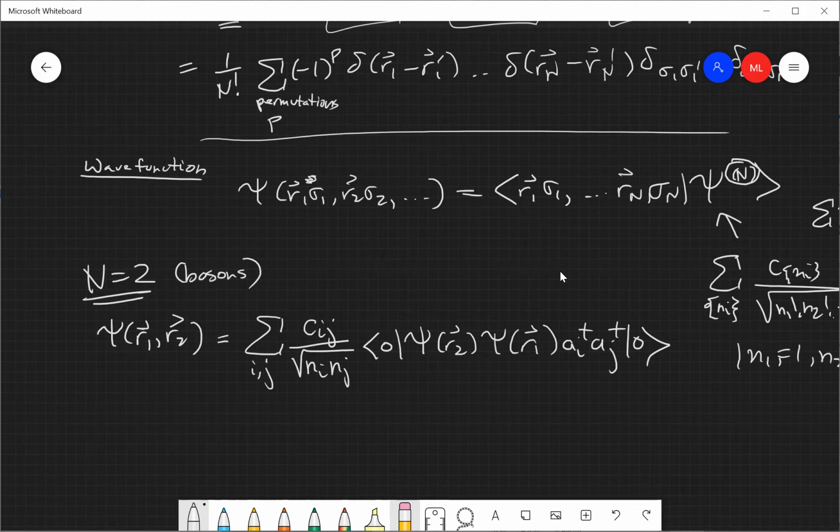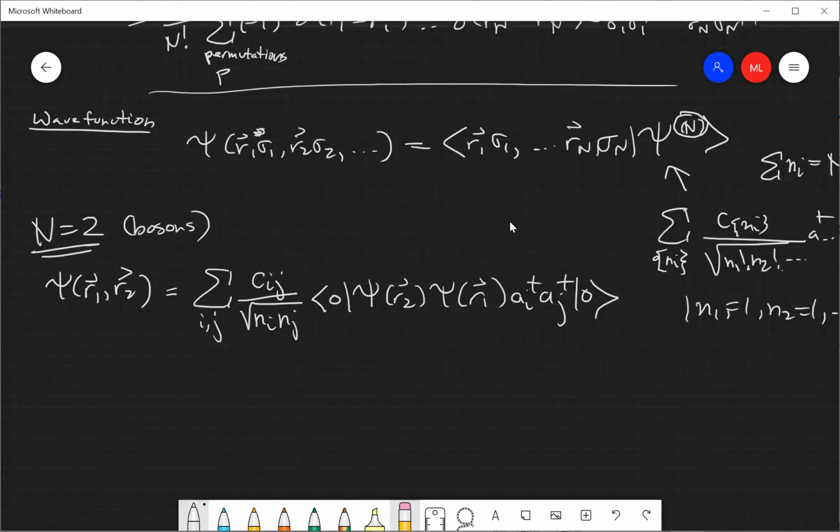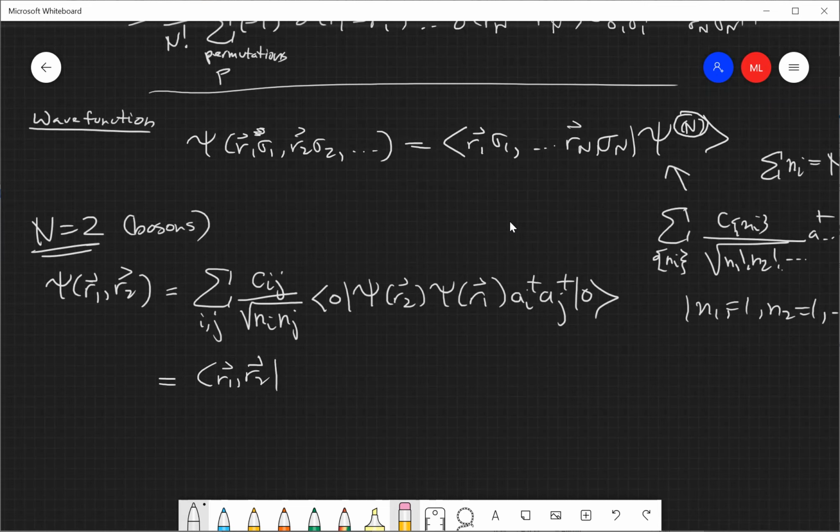So what is this? It's again the inner product between R1, R2 and an arbitrary two-particle state generated by these creation operators. That's what this is. But we can actually calculate it out, right?